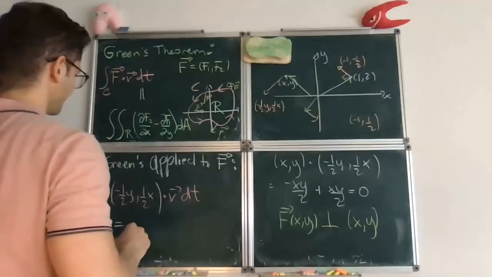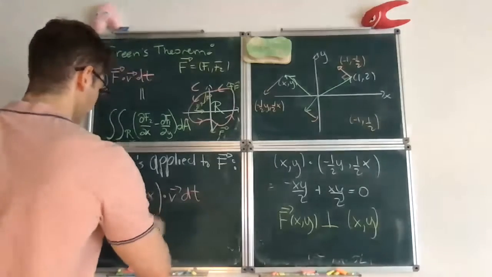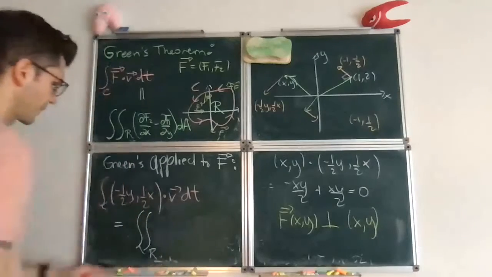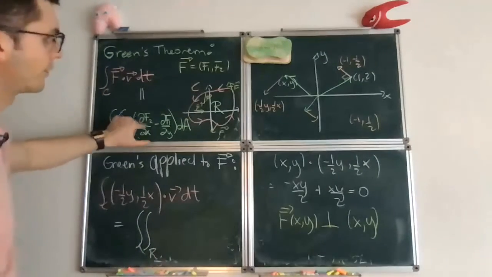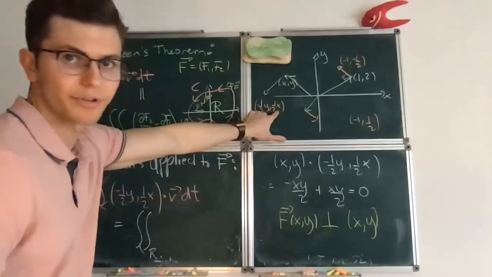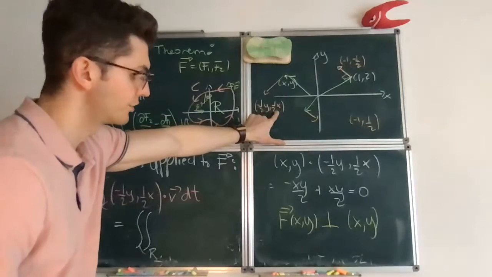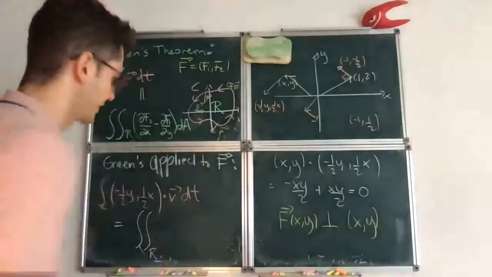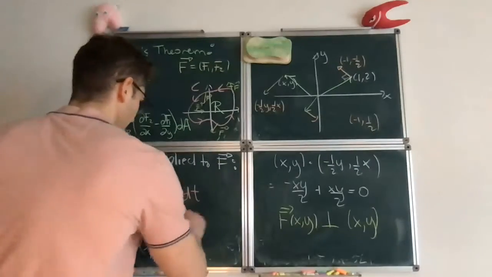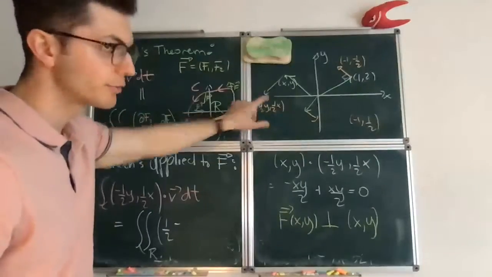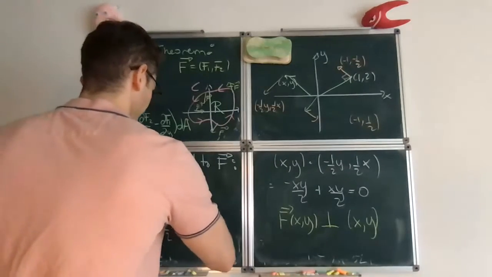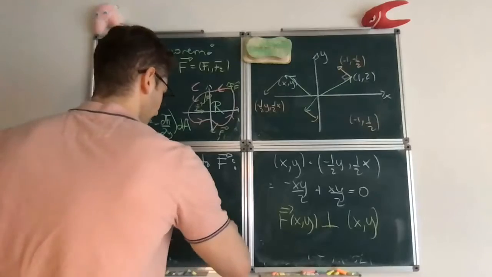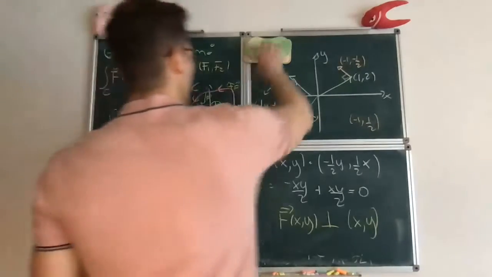Equals, and now this is a cool part, the double integral over R. What is the partial of f2 with respect to x? Well, f2 is just 1/2 of x, so when you take the derivative of this with respect to x, you get 1/2. And the other one gives you minus 1/2. There's a minus here in the formula, so you get minus minus 1/2 dA.